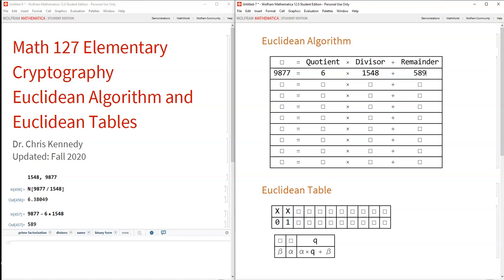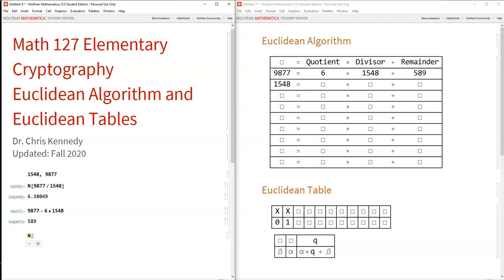And now it's just a matter of repeating this. So we now divide 1548 by 589. I take 1548, divide it by 589, and I get 2 and change.